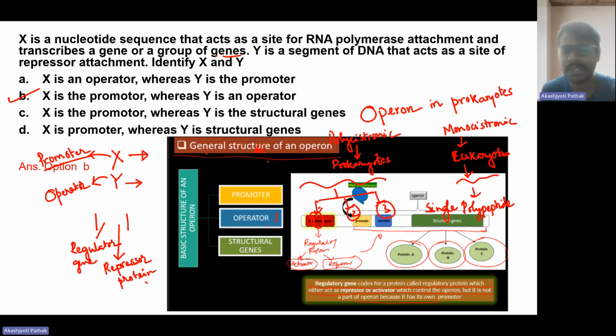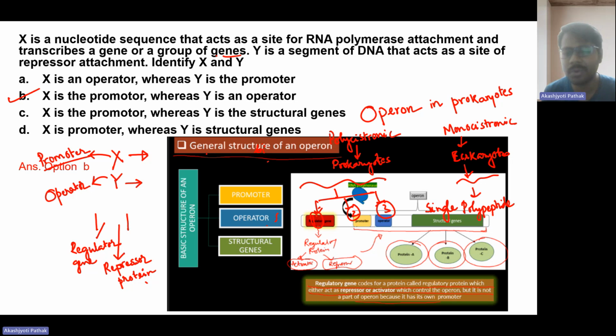Because it is the DNA sequence where the repressor or activator protein will bind. The repressor binds here and prevents the RNA polymerase from moving ahead. There can be two, three, five, six or more different structural genes, a group of genes present in the structural genes.